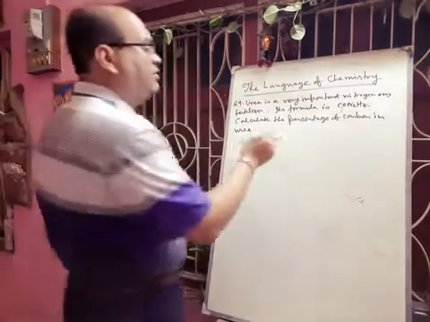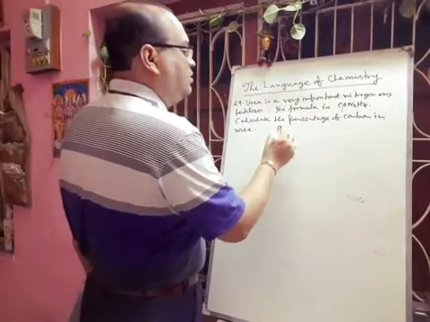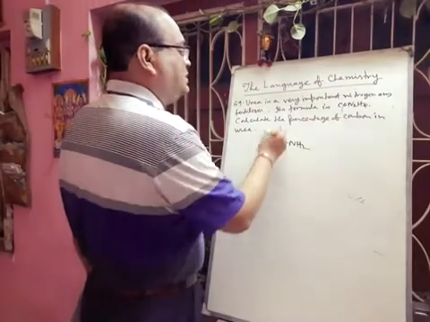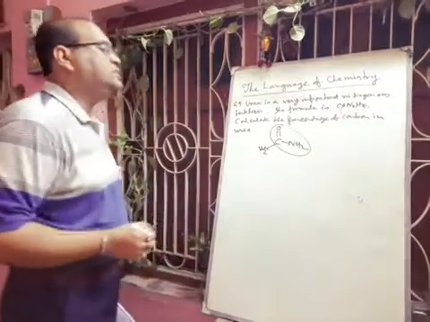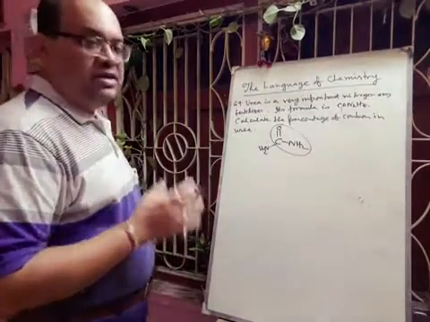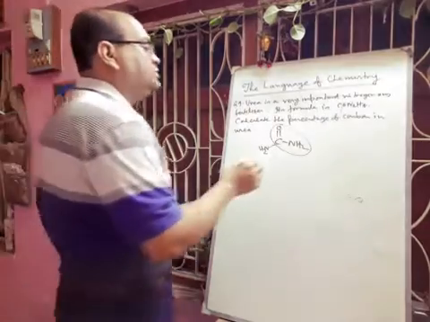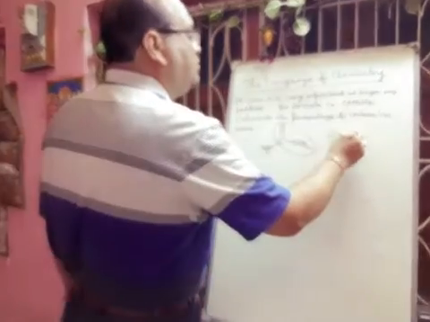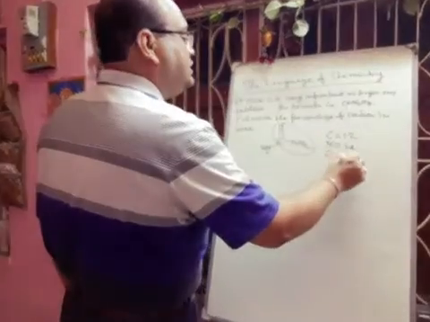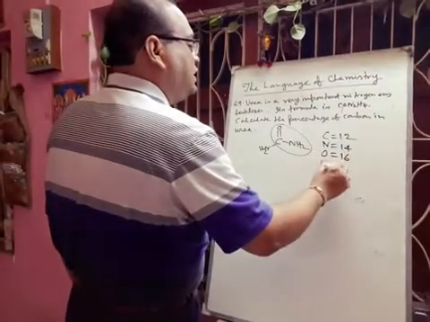So actually the urea formula is this one, C double bond O, NH2, NH2. So this is one amide functional group. Now first you have to calculate the molecular mass of urea. You know that the atomic weight of carbon is 12, nitrogen is 14, oxygen 16 and hydrogen is 1.